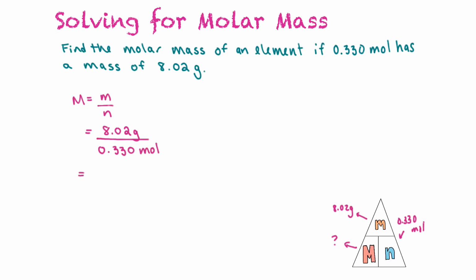So we'll plug those values in. 8.02 divided by 0.33. So we have 24.30 grams per mole. Now if we look that up on the periodic table, we can actually find out what element we're looking at. And the one that matches is magnesium.